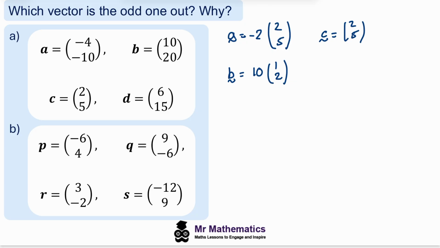And then for vector D, we can take out the 3 from both. So we'll have 3 times 2 to make 6, and 3 times 5 to make 15. And then we can see that vector A can be written in terms of C, and vector D the same. That'll be 3 lots of C. So the odd one out would be vector B because it's not parallel.